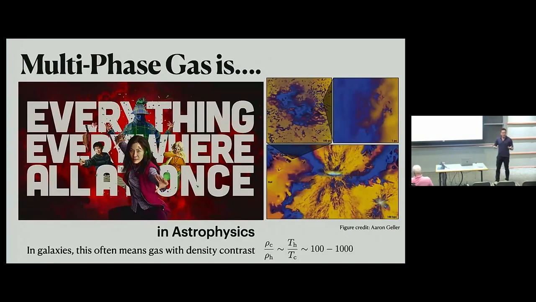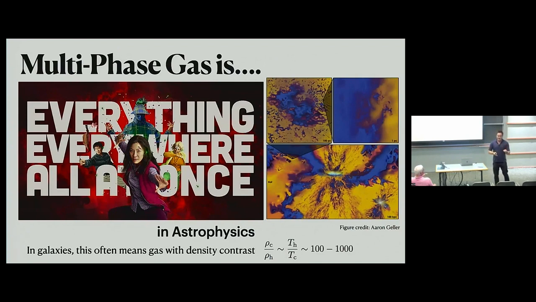If you were here for Drummond Fielding's talk on Monday, he gave a beautiful introduction to this field, and he has really gorgeous high-resolution simulations, much lower resolution simulations. But the fundamental takeaway from that talk is that there's multi-phase gas everywhere in astrophysics, and this comes fundamentally from atomic physics.